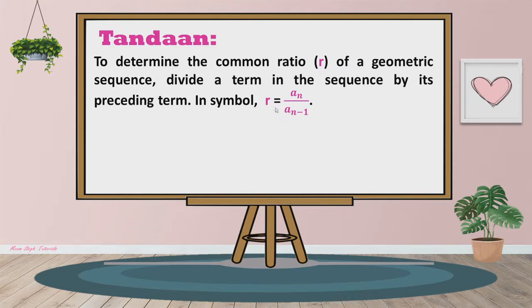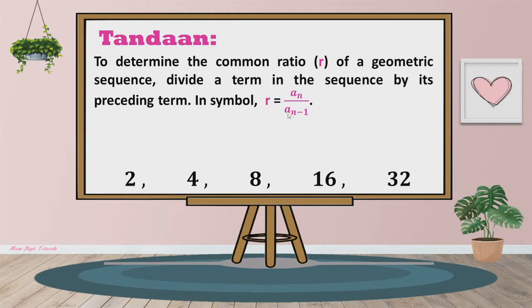So in symbol, r is equal to a sub n divided by a sub n minus 1. So a sub n represents any term in our geometric sequence divided by a sub n minus 1, yung nauna sa ating a sub n na term. So, example, we have this geometric sequence 2, 4, 8, 16, at 32.